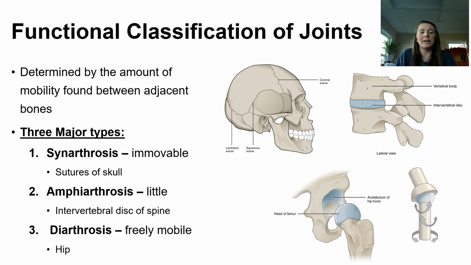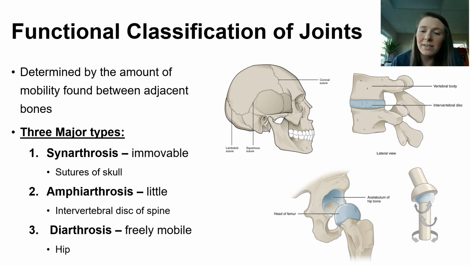The second type here are called amphiarthrosis or amphiarthroses, and the movement that occurs here is essentially just really small little movements. For example, in our intervertebral discs, this is the place where 2 vertebrae are meeting together as we're going down the spinal column, the vertebral column. We have this little intervertebral disc, and this is, excuse me, made of fibrocartilage.